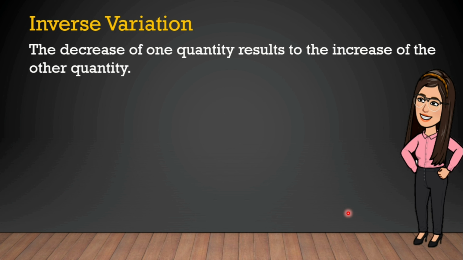Kapag naman mag-increase o tumaas ang isang quantity, magde-decrease naman o bababa ang isang quantity. Hindi katulad kanina sa direct variation. Sa direct variation, kapag tumaas ang isang quantity, tataas din ang isa. Or, kapag bumaba ang isang quantity, bababa rin yung isang quantity.